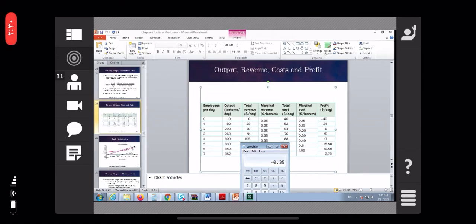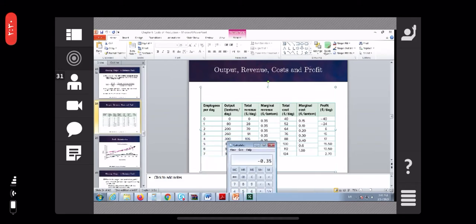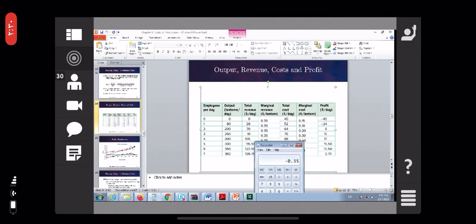Between that, it's 30. In this case, the marginal revenue is still larger than the marginal cost in number 4. And I produce 300 units, and total revenue 150, and total cost is 88.